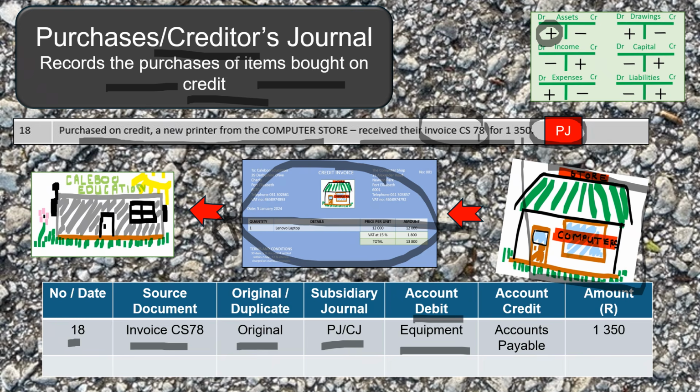But we bought this on credit, so now we have a liability. And an increase in liability, the account must get credited. And what is the account which records items bought on credit? Accounts payable. And the amount was 1,350. So there we go. That's a purchases creditors journal.